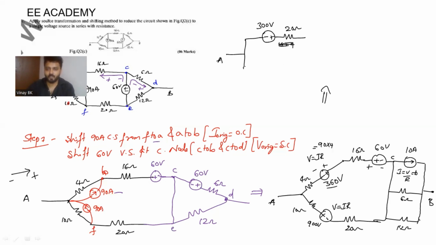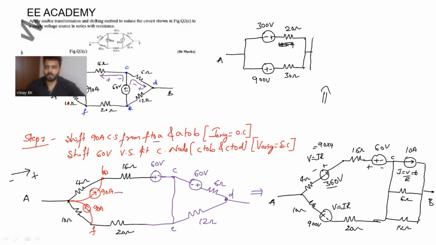Similarly here, only one source is here. You can see the polarity plus and minus of 900 volts. Again, 10 ohm and 20 ohm are in series. You can get 10 plus 20, that is nothing but 30 ohm. And this combination is in series with a combination of 10 amperes, 6 ohm, 12 ohm. So if you rewrite this, you can get like this.